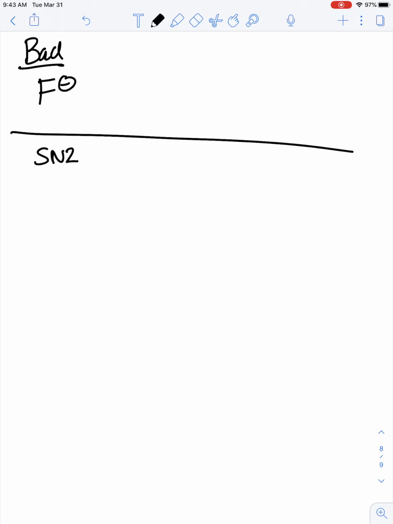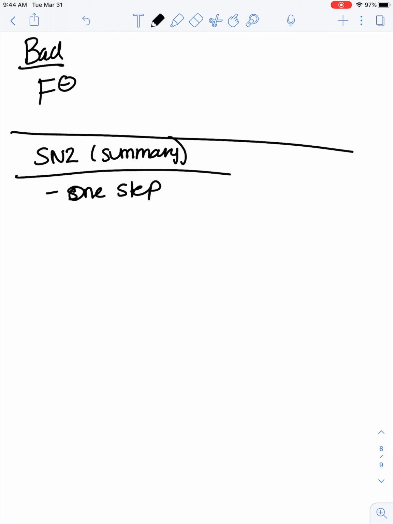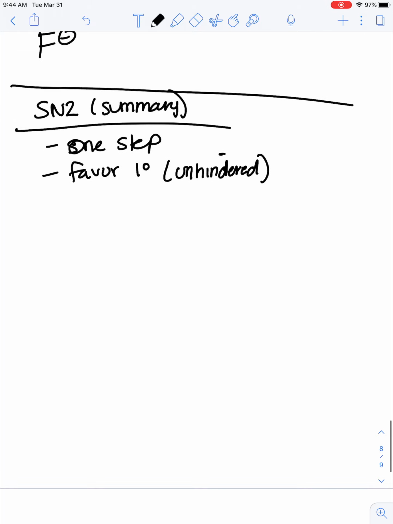So let's summarize the SN2 factors. SN2 reactions are going to be one step. They are going to favor something that is primary or unhindered. They can proceed via a secondary electrophile if we have a strong nucleophile, a good leaving group, and a polar aprotic solvent.